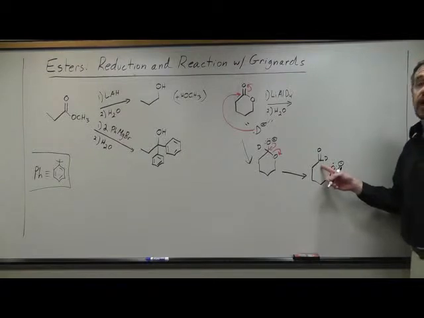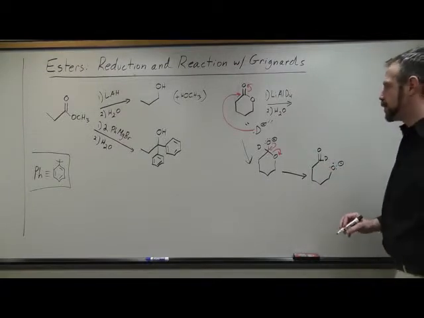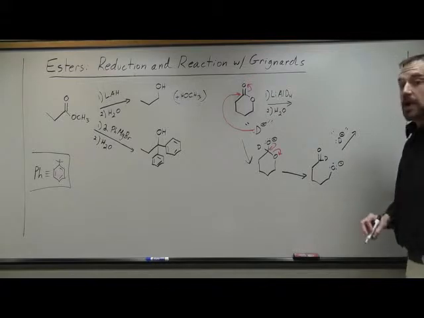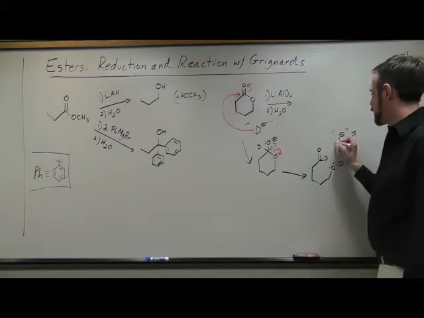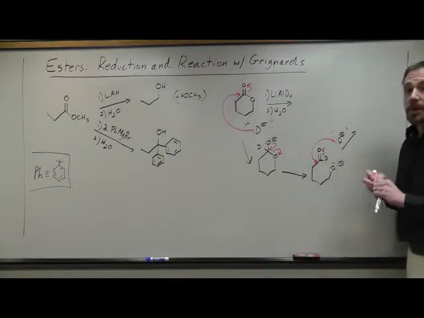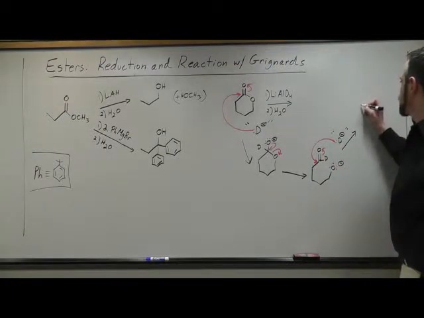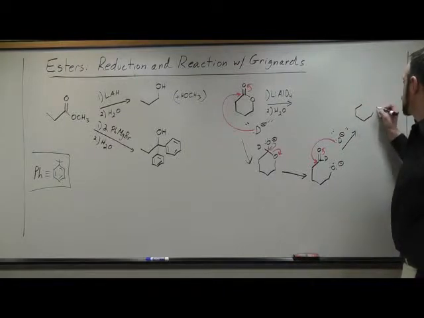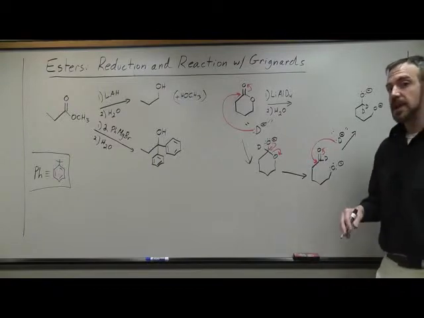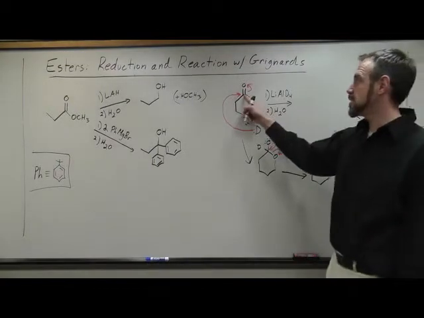And then we have essentially an aldehyde formed on this portion. Well, once you have that aldehyde, a second equivalent of deuteride can come in and attack. Again, we break the pi bond. We've added 2 deuteriums now to that initial ester carbon.